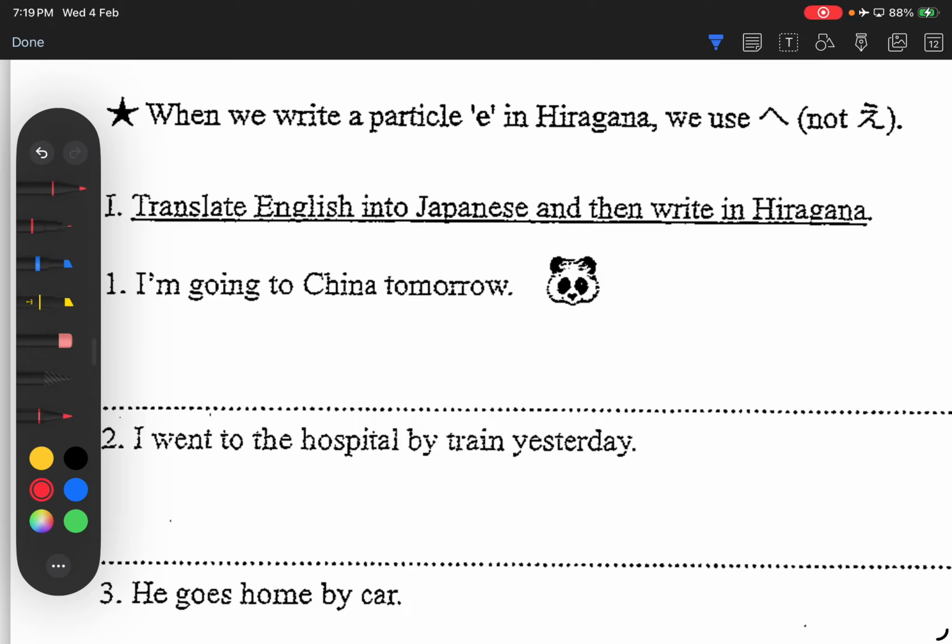For example, heya ni hairimasu. Heya is room. Room ni hairimasu. Bus ni norimasu. I board into the bus. So ni is only used for particles which are going into confined spaces. Right here, China is big. And we are showing direction we are going towards. We are not near the place yet. We are still very far away. So in this case, we use e.